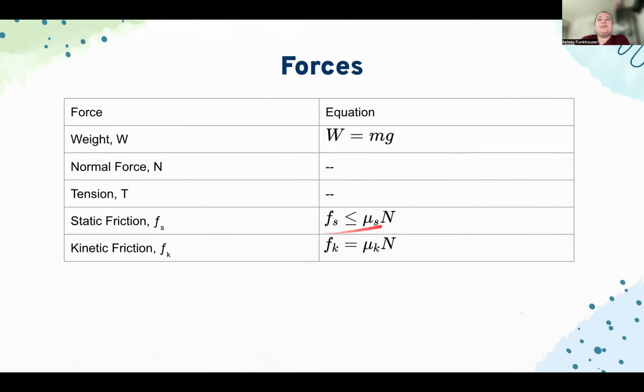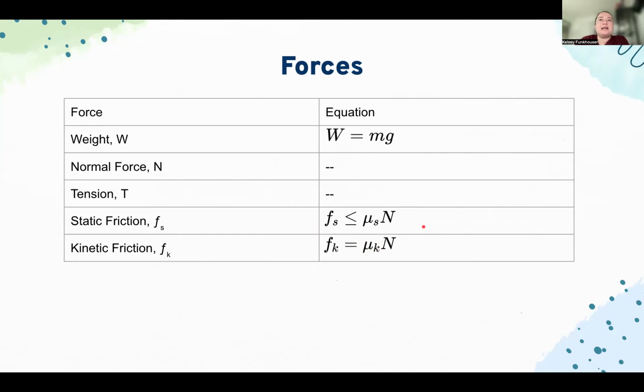And reminder for this, since normal force doesn't have its own equation, you need to draw your free body diagram, get your equations, and get a formula for normal force from that. Kinetic friction is equal to the coefficient of kinetic friction times the normal force.